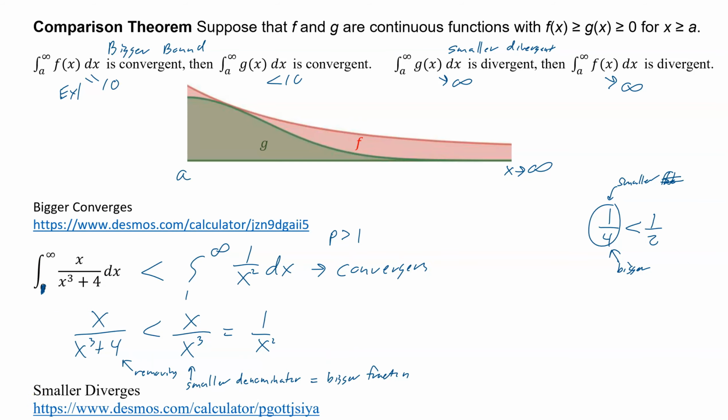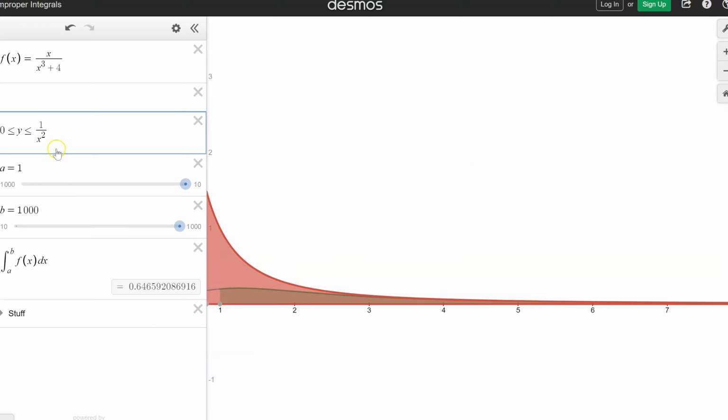Let's look at this with the graph too. So this is the 1 over x squared. See how it lit up? And then that is our function we're trying to find the area under the curve for, right? So you can see it's going to converge. You can even look at the number, how it's getting closer and closer to some decimal here. And so if this equals 1, which it does, the red one, then that would mean that the green that's below it has to be less than 1, which means it's converging.